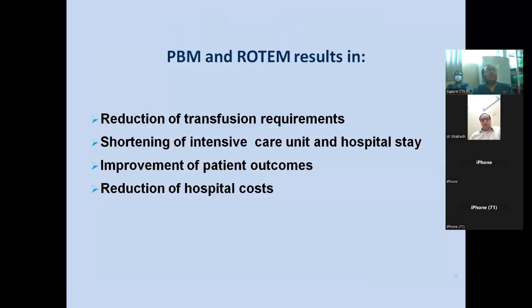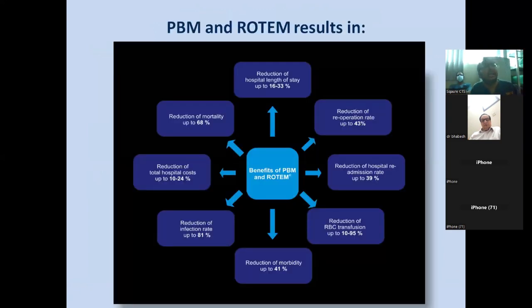PBM and ROTEM result in a lot of advantages, like reduction in transfusion requirements, shortening of intensive care unit and hospital stay, improvement in patient outcomes, and reduction of hospital costs. We can understand this from the following figures. Reduction of hospital length of stay up to 16 to 33%.